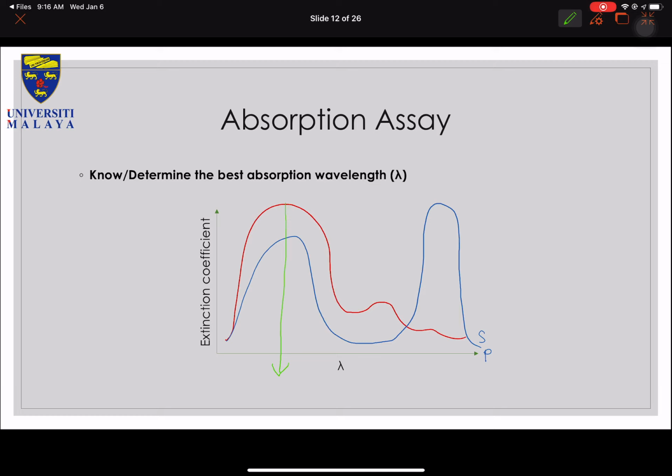So if you were to select this, say for example this one is 100 nanometer, what you will get is, say you want to measure the substrate, so you start off with substrate. Normally substrate is the higher concentration, product is a lower concentration.